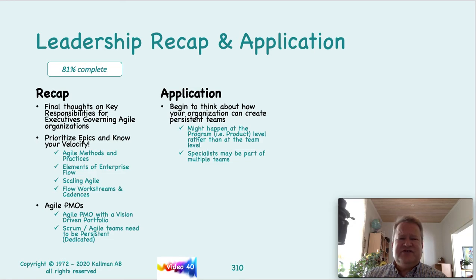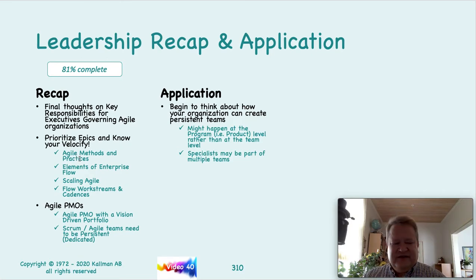So for this section, we're coming up on 81% complete, so we're 4/5 of the way there. Good job hanging in there. We went through some final thoughts for the executives governing Agile. You've got to prioritize those epics and know your velocity. This includes knowing which Agile methods are appropriate where.